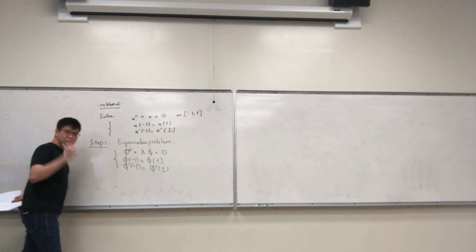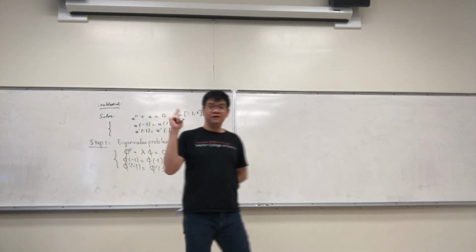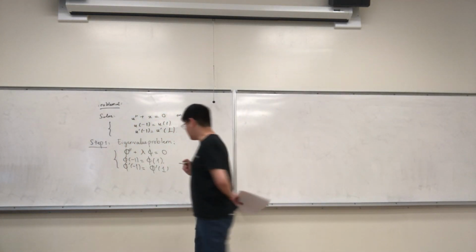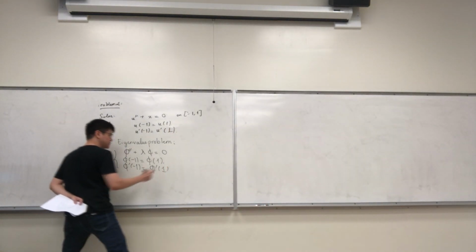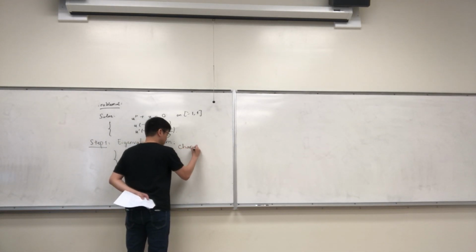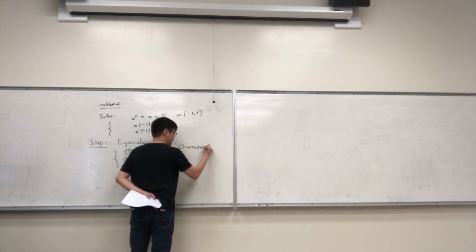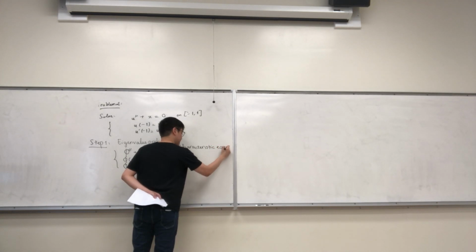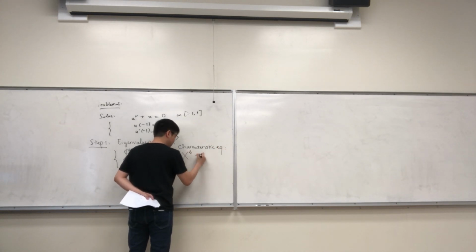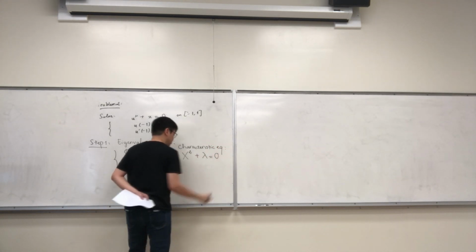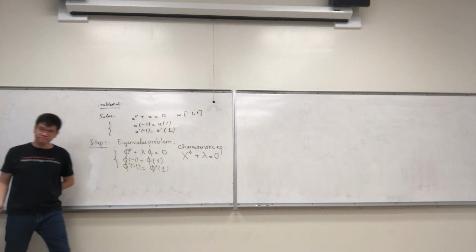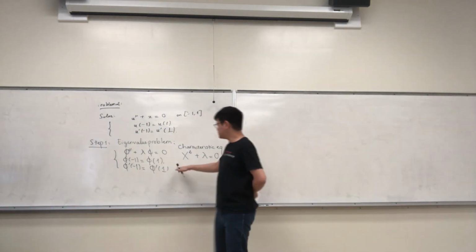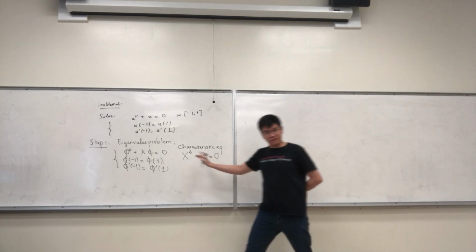So the first step is to do what? The characteristic equation. The characteristic equation is going to be x squared plus lambda is equal to 0. This is the characteristic equation of the eigenvalue problem.